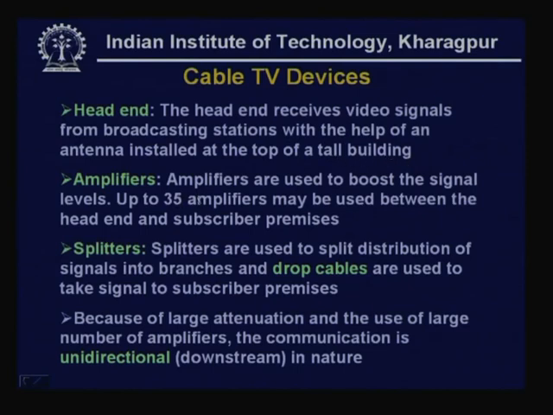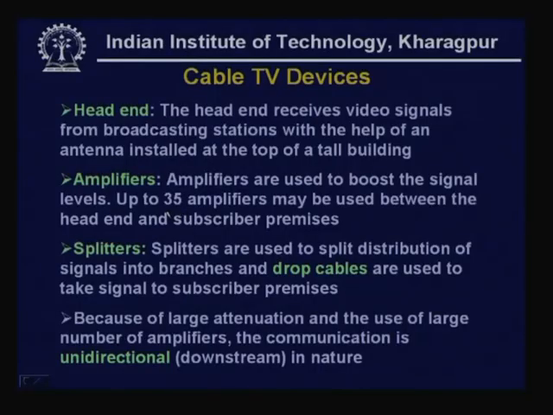Then, as I have mentioned, you require amplifiers to boost the signal, because as you know the coaxial cable has high attenuation. So, as the signal goes from the head end towards the residential buildings, it gets attenuated.